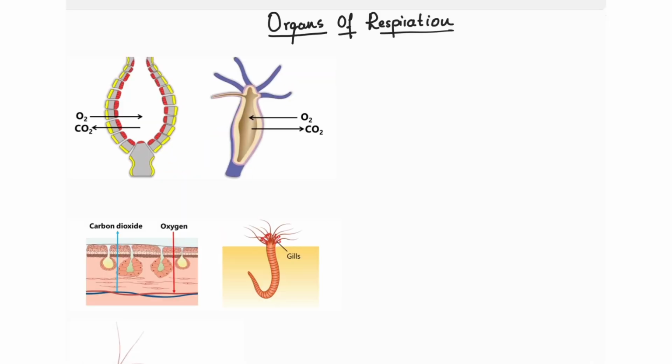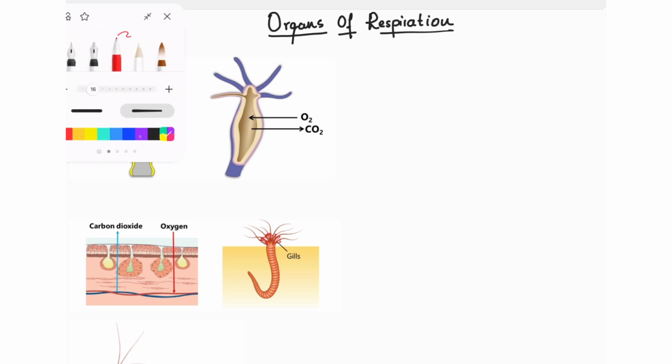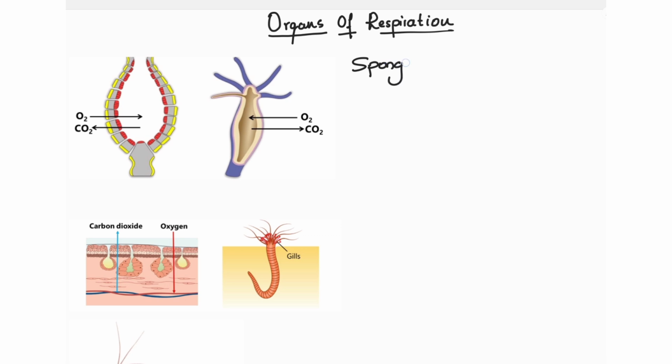Different respiratory organs. In simpler organisms like sponges, coelenterates and flatworms, you can see the diagram of sponges.